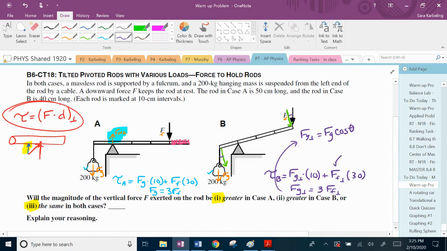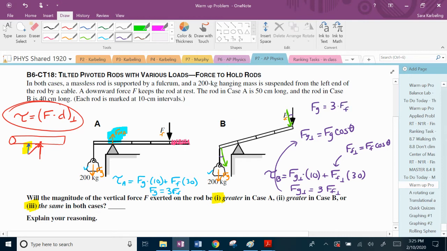And Ff perpendicular is Ff cosine theta. So if Fg perpendicular is 3 times Ff perpendicular, how do Fg and Ff compare in this thing? Yeah. So Fg has to equal 3 times Ff, right?